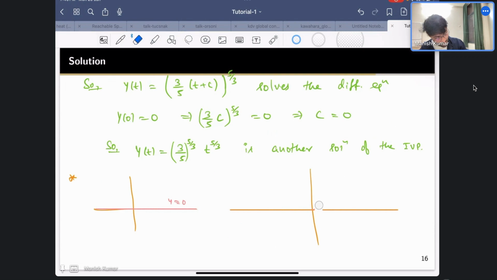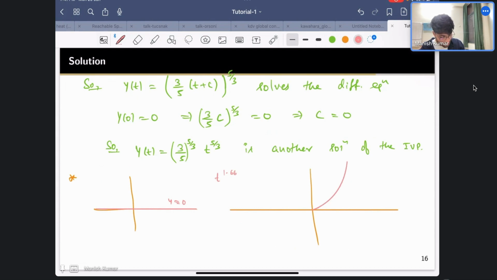I don't actually know the graph. So what could be the graph? t to the 1.66, if you take negative power, I don't know, whatever the graph be. For positive, I can say that it's something like this.